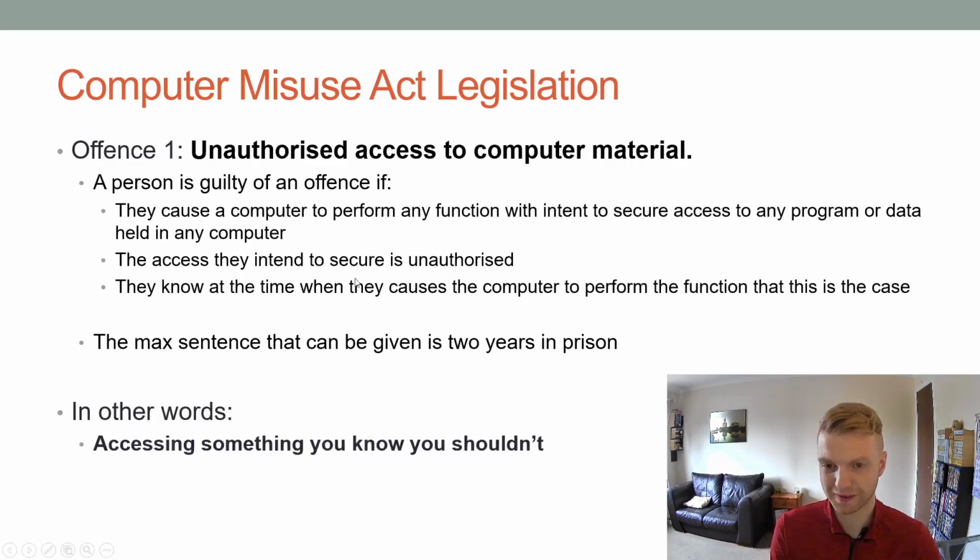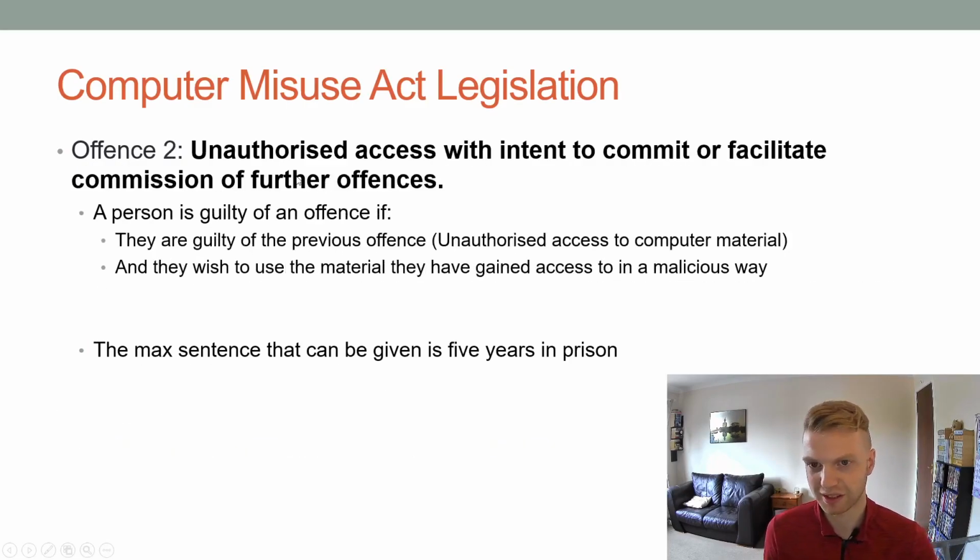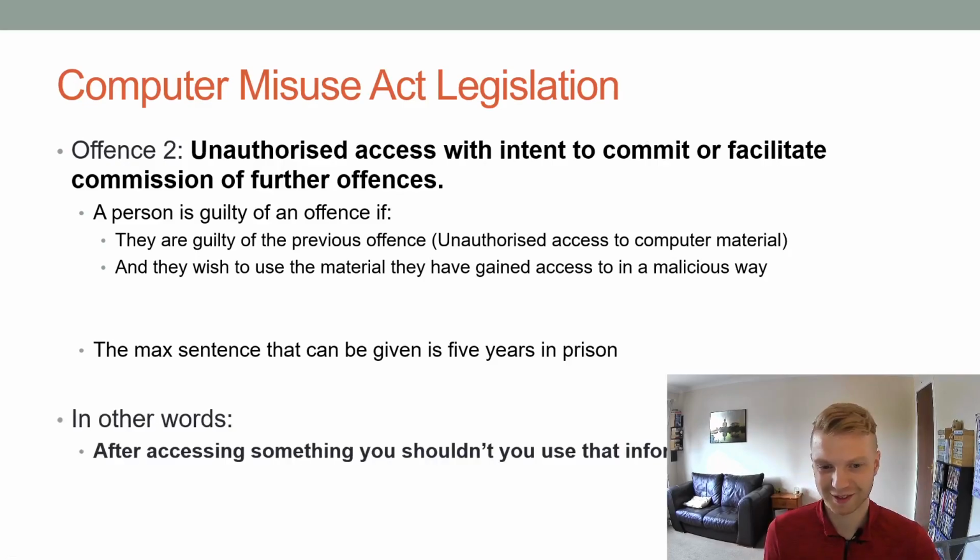Offence 1 is just accessing something you know you shouldn't. Offence 2 is once you've accessed it, you then go commit a further crime. You see that information, and maybe you sell that information, or I don't know what else you do with it. You use the information that you see on a system for another crime.